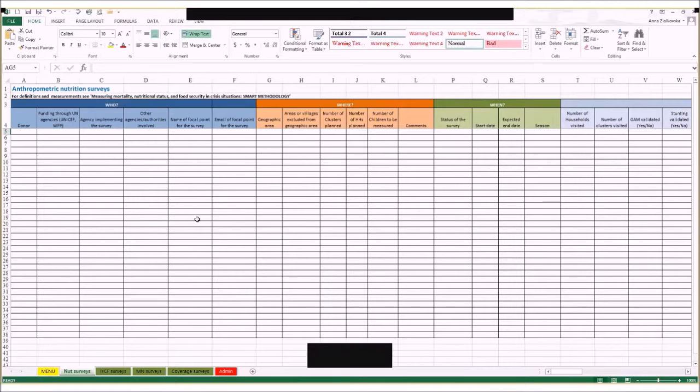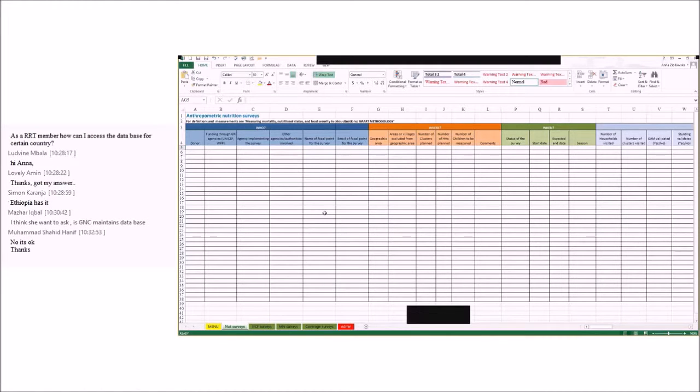I have one more question or probably request, because you presented very clearly. Thank you. It was very clear and easy to understand. But the writing is so small. Do you think you can send us this by email so we can have another look and see what information is there? You mean send what, the database?